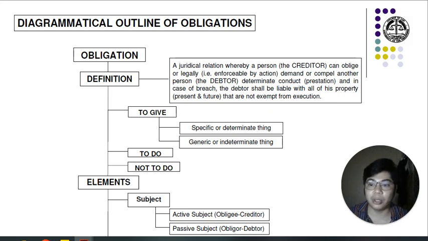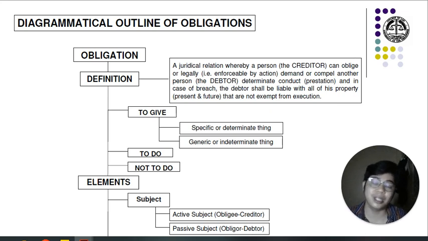Okay, civil obligations give you a right of action to compel their performance. Kasi in the earlier mentioned example, let's say si creditor, within 4 years, nag-file siya action for collection of sum of money, then it is a civil obligation because he has the right of action to compel the performance.